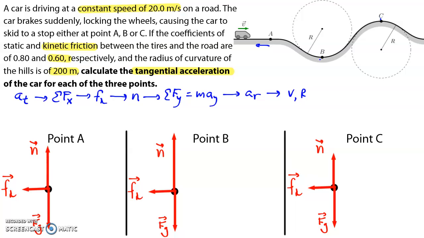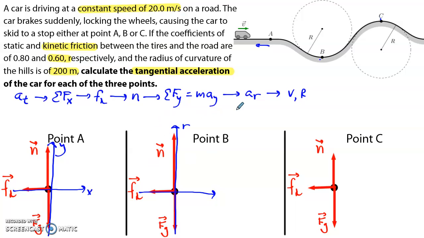The other thing that I would like you to pay attention to is how we name the axes. In the case of point A, we have the standard way of doing things, which is to call this one y and this one x, that's fine. But for point B and point C, we're dealing with circular dynamics. So the best way to name the axes is to use the r-axis as the one that is pointing towards the center.